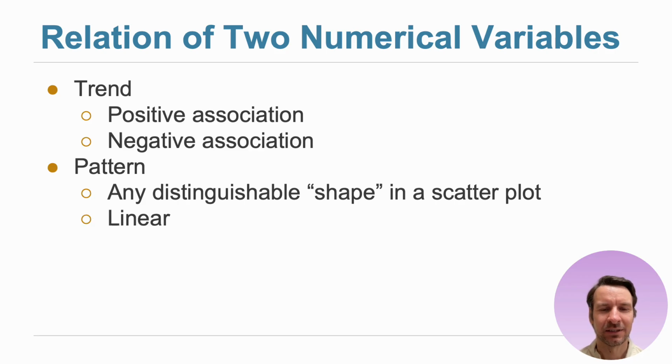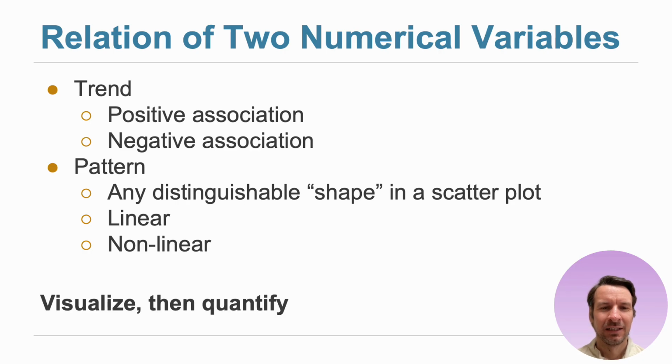And the pattern can be linear, which means that you can write y as a constant times x plus maybe some offset, right? Or it can be non-linear. It can create some funny shapes, and then you have to look at it to figure it out.